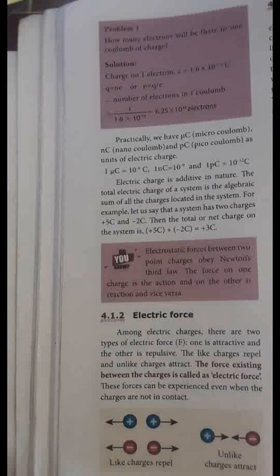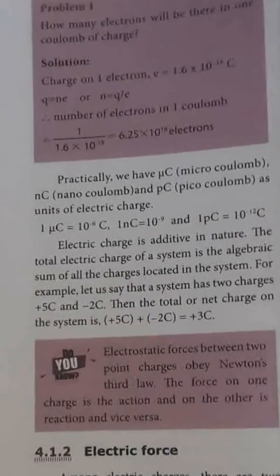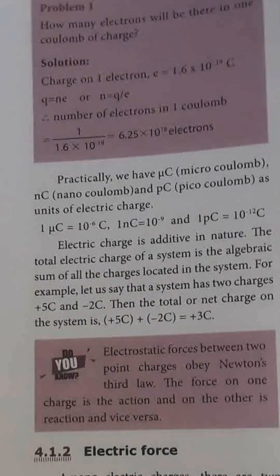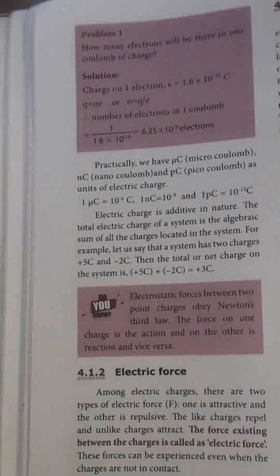Now Q is equal to ne will become n is equal to Q/e. We know the value of Q is 1 coulomb, and we know the value of e, that is 1.6 into 10 to power minus 19 coulomb. On simplifying this, 1 coulomb consists of 6.25 into 10 to power 18 electrons.